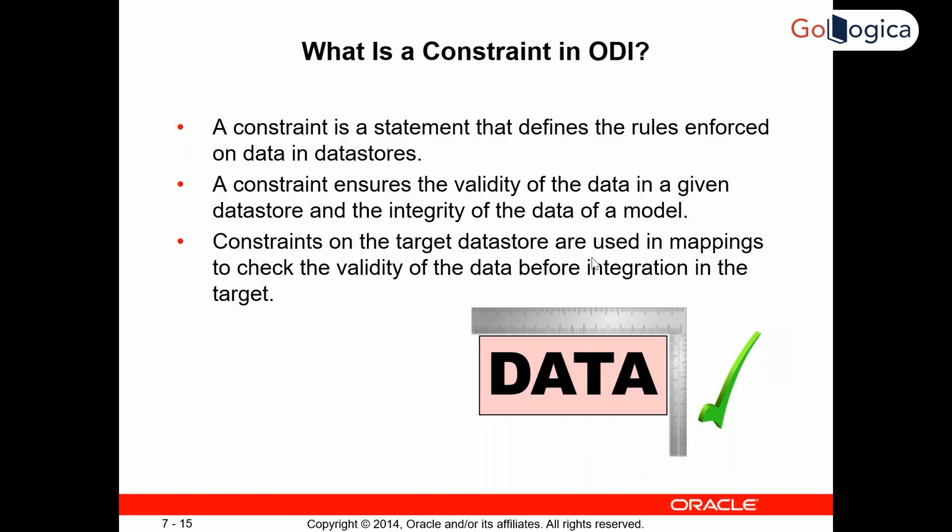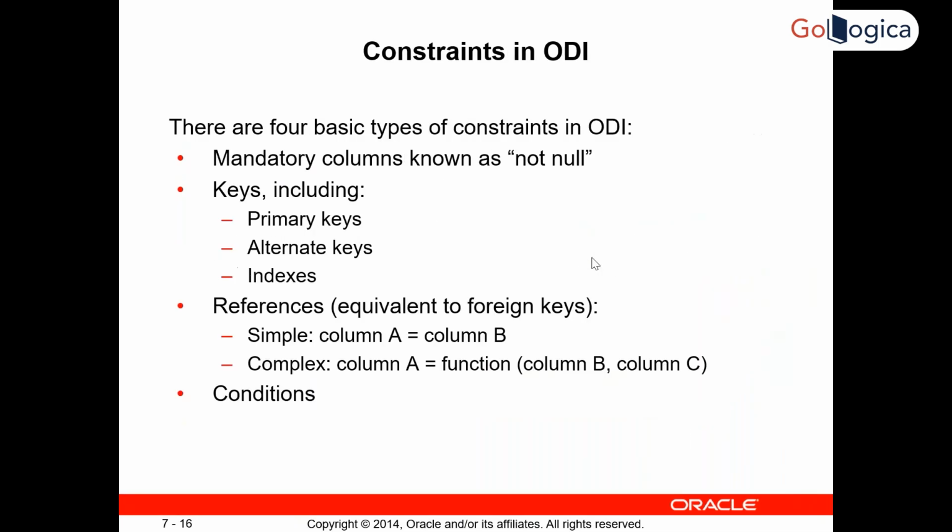For example, if a primary key constraint is defined in my database, those constraints are brought into ODI also. We can use those constraints to check the quality of the data and check for any violations.